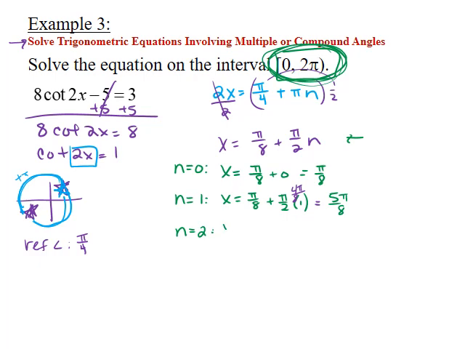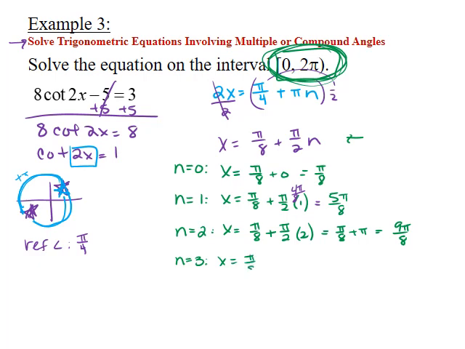N equals 2. So pi over 8 plus pi over 2 times 2. This gives us pi over 8 plus pi, which is 9 pi over 8. All right, well, that's just past half a revolution. N equals 3.